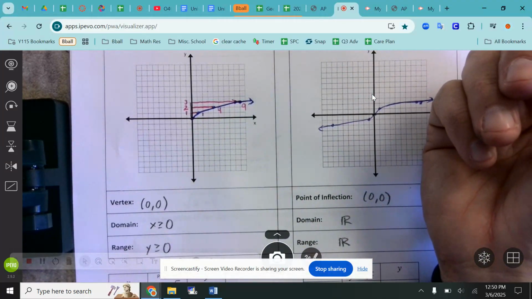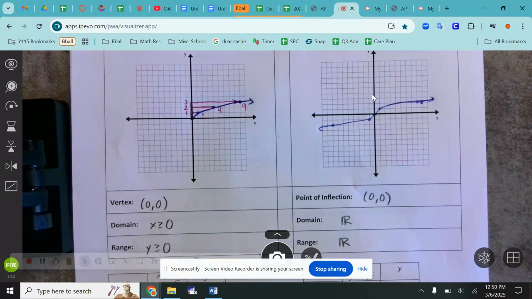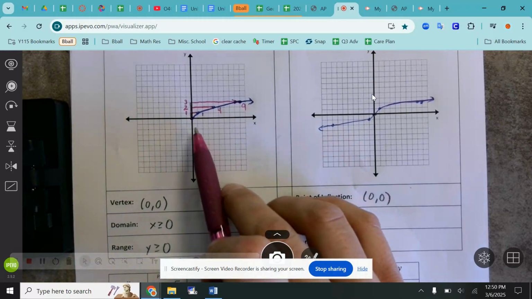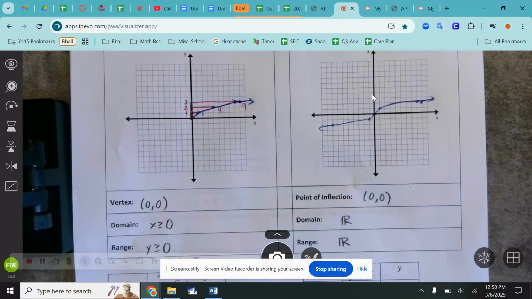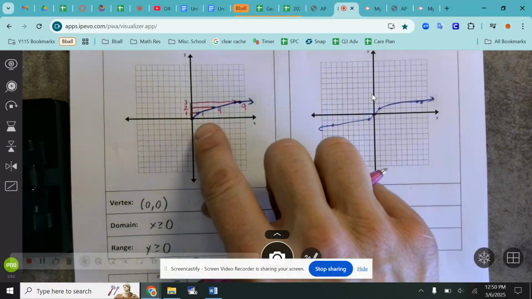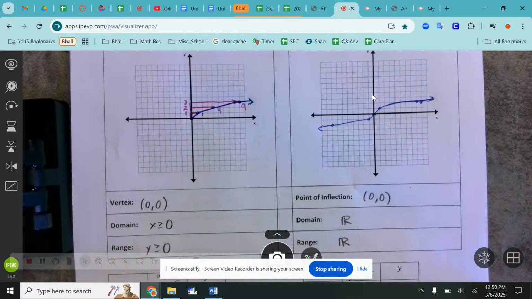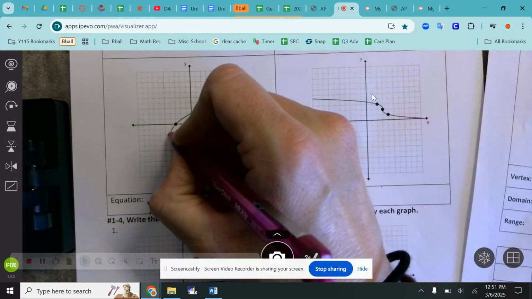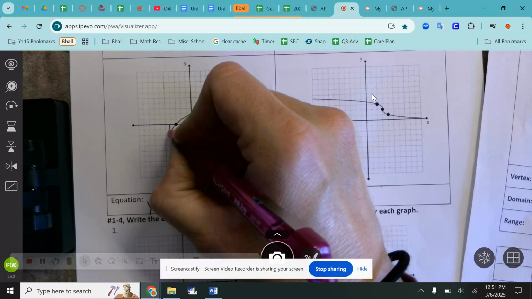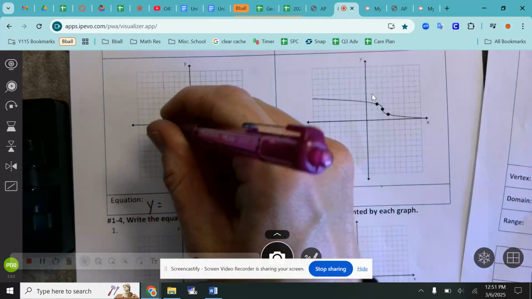And hopefully you're saying like, wow, that looks really familiar. And you're absolutely right, because we did it with parabolas. Okay, that's the same pattern that a parabola did, it's just we're moving up and to the right. Okay, this is ultimately what we are going to use to find us our a value. So let's first start out by looking at my vertex and counting to a nice point. Well, in order for me to go right 1 unit, I actually had to go up 2.